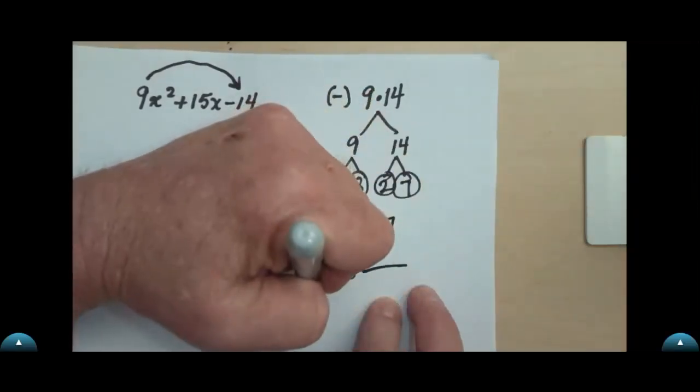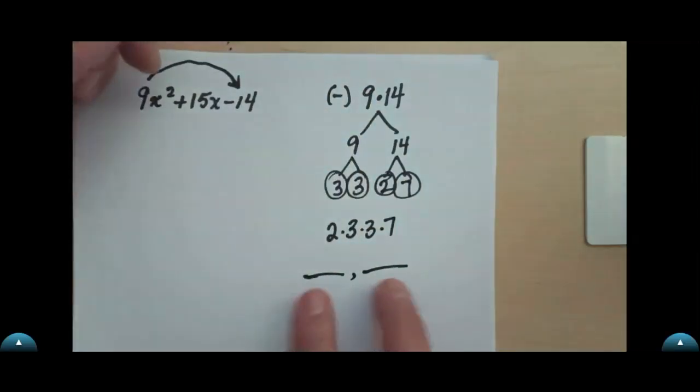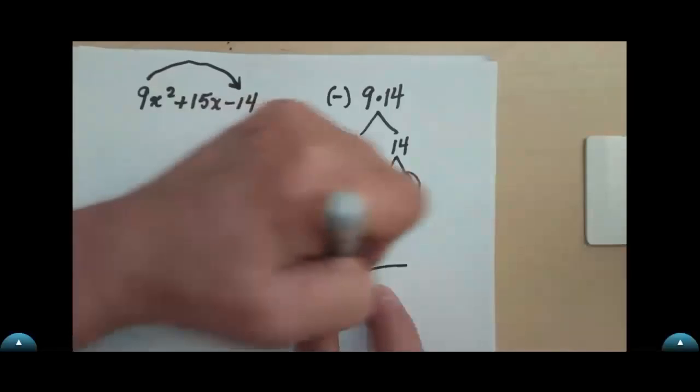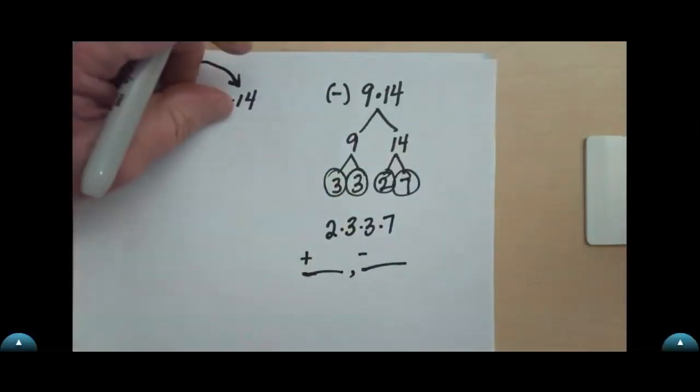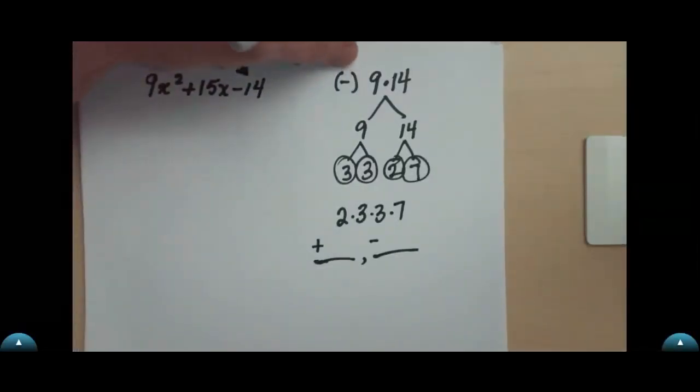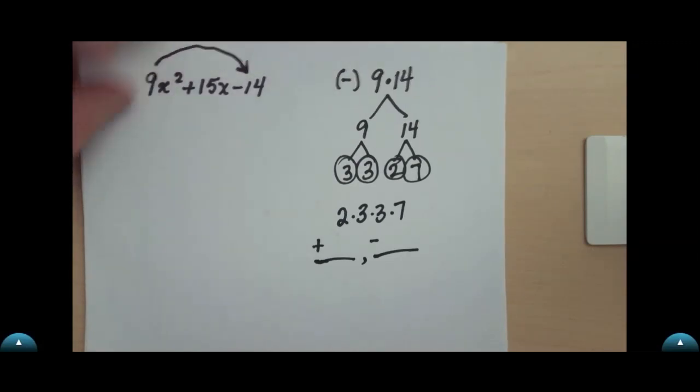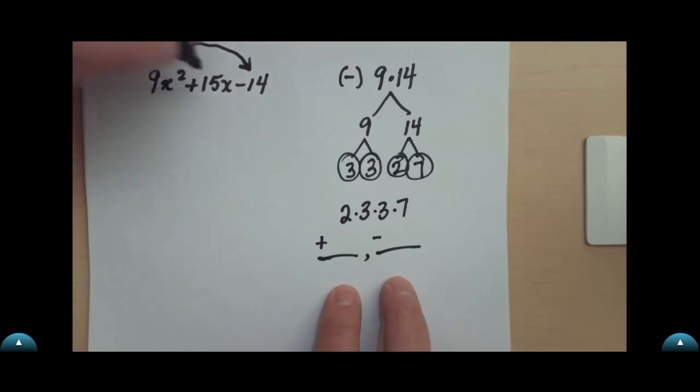We need two numbers. They have to have opposite signs. One is positive, one is negative. We know that because they multiply to be this negative number. Everybody with me there? Okay, these same two numbers need to add to be this middle number, 15.